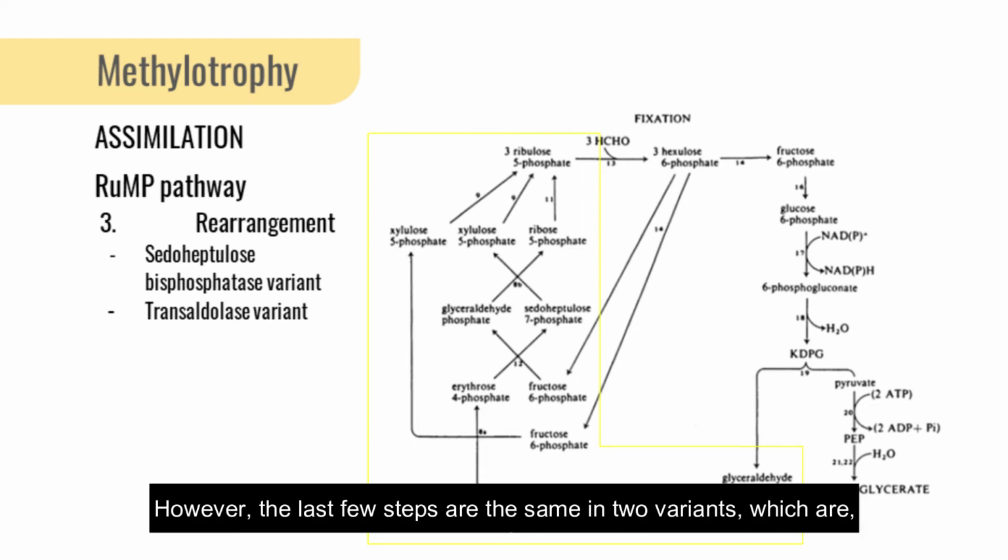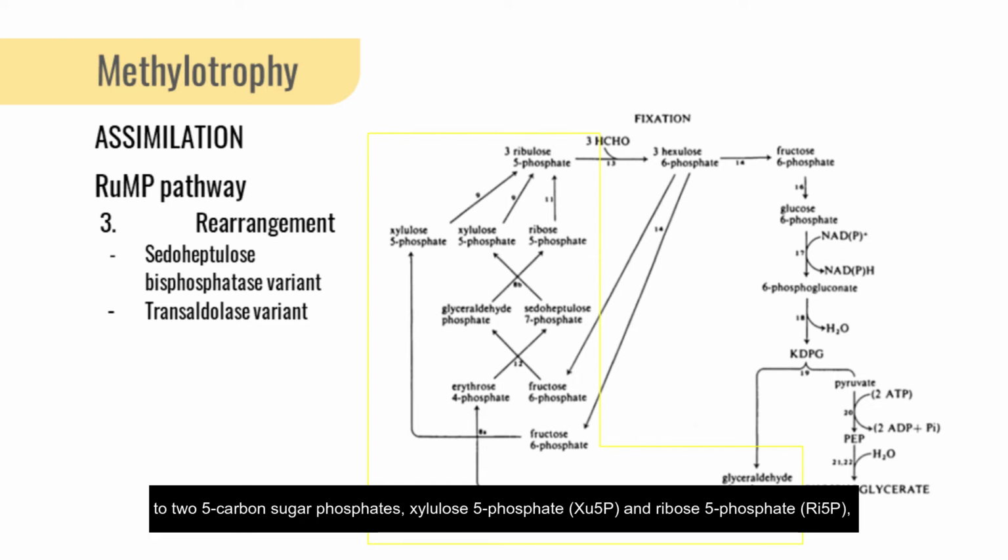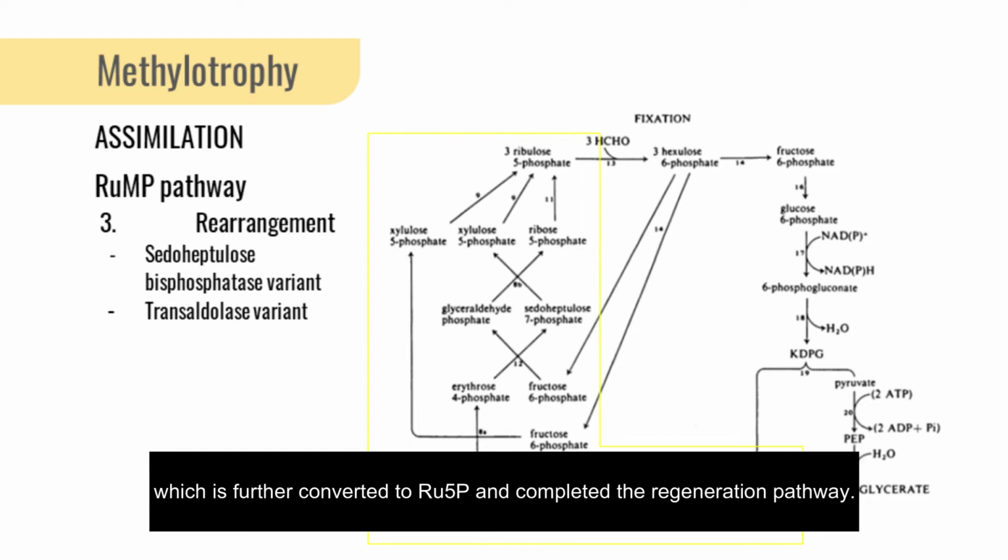However, the last few steps are the same in two variants, in which glyceraldehyde 3-phosphate and sedoheptulose 7-phosphate are rearranged by transketolase to 2 five-carbon sugar phosphates, xylulose 5-phosphate and ribose 5-phosphate, which is further converted to ribulose 5-phosphate and completes the regeneration pathway.